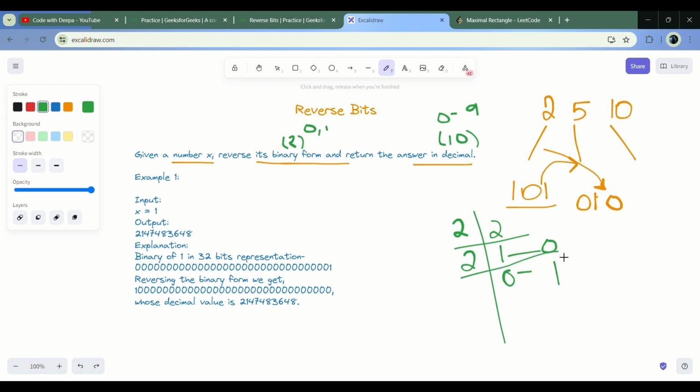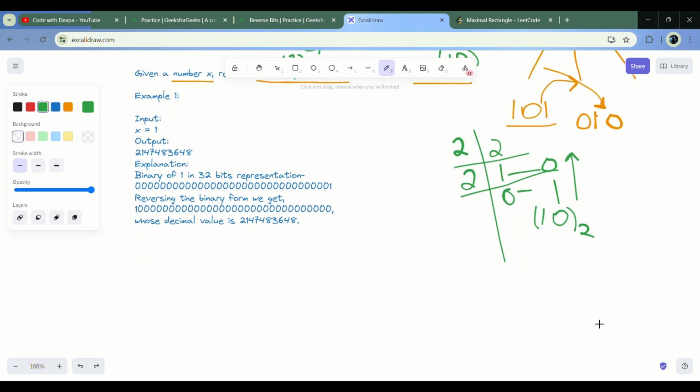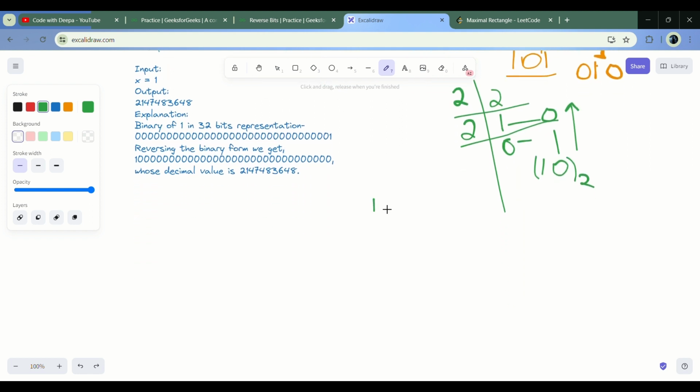To convert this into binary, you write the remainders in reverse order. So for 2, my binary will become 1 0. And similarly, if I have to calculate the binary for 10, first I will divide this number by 2. If I divide it by 2, it will give me 5 and my remainder will be 0.